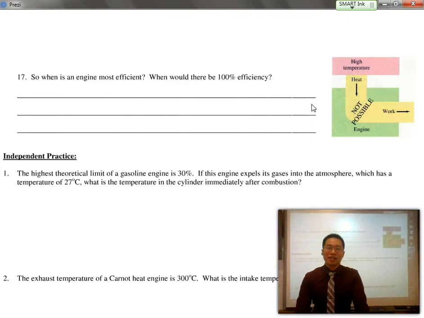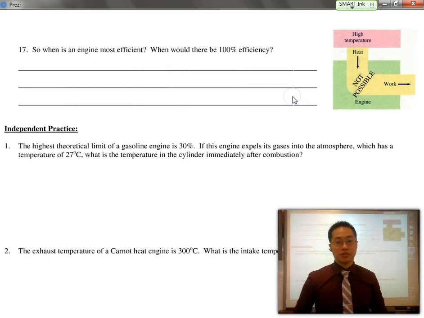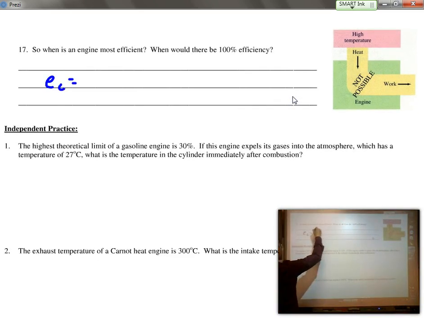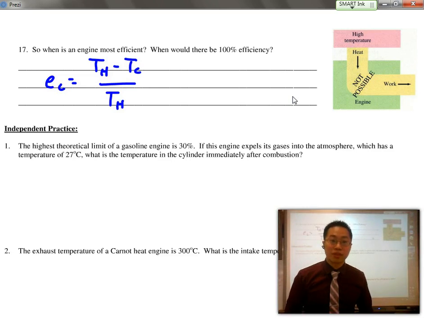So when is an engine most efficient? According to Carnot's formula, when exactly would there be 100% efficiency? Well, if we take a look at Carnot's formula, EC is equal to TH minus TC over TH. How could you possibly create more efficiency?